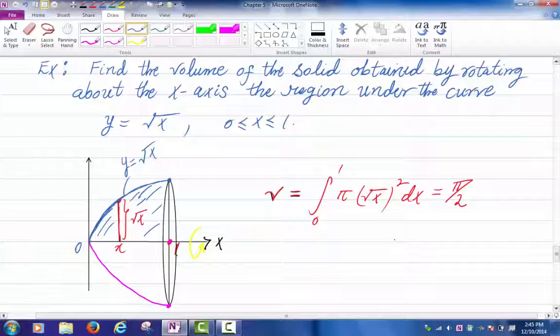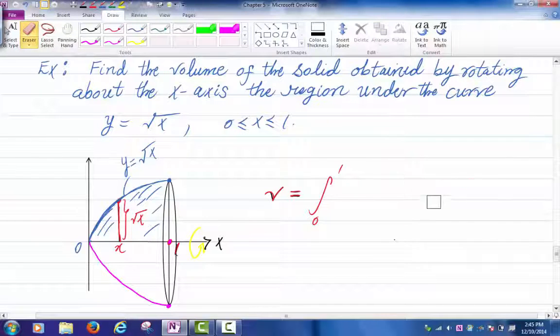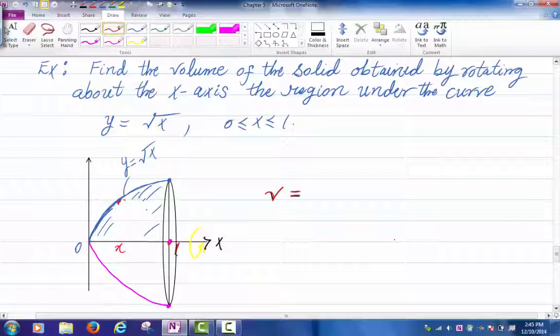And what would be the volume of that solid? Let me erase this. I guess you have seen it already, but let's do that again. What am I going to do in order to come up with the volume of this solid? First of all, I have to pick any x between 0 and 1.